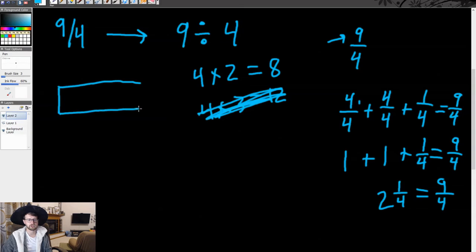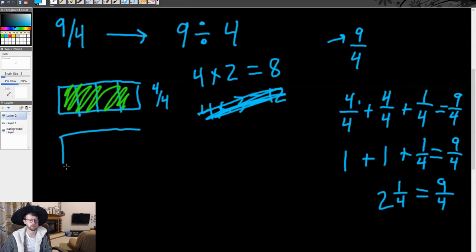So I'm going to start with just one group here and cut it into fourths. All right, shade that all in. How much do I have here? I have 4/4. Well, that's not enough, so I need one more strip and cut that into fourths.